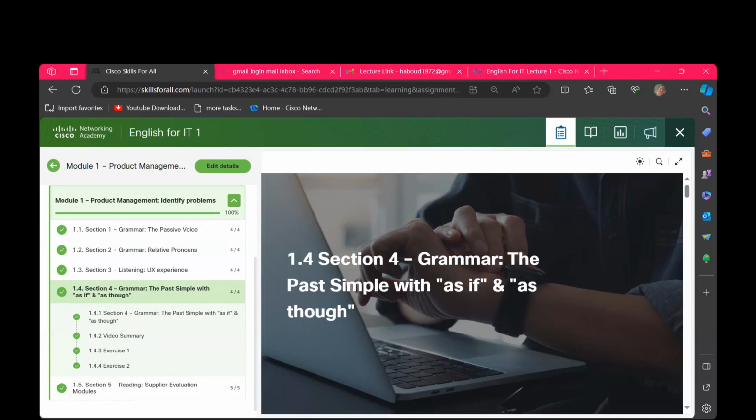وطبعا of course خلينا نجدد الشير تاني عشان أنا I will share the screen معاكم.